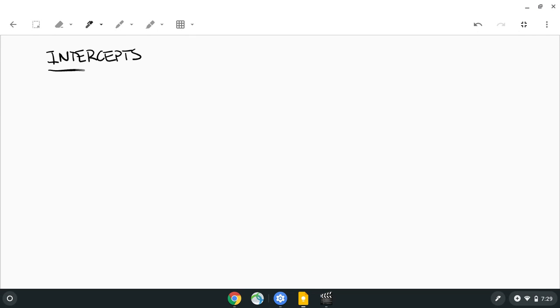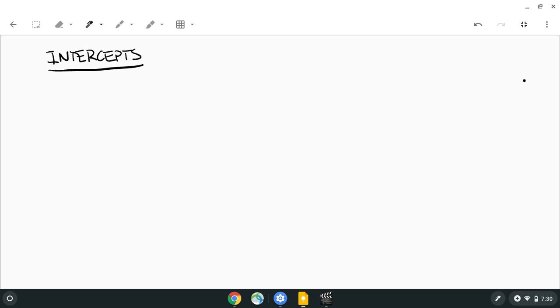The intercepts, no matter what kind of an equation you're dealing with, whether you're dealing with a linear equation or an exponential equation, a log equation, a sine equation, any fancy equation, intercepts, the same. How you find them will be different, but what it is remains the same.